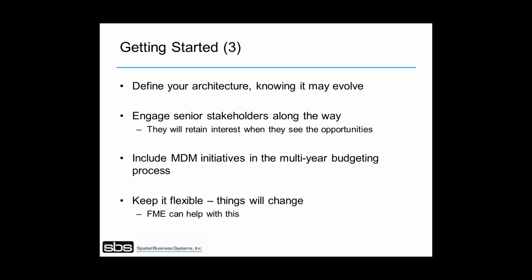And since it's done at a senior level, those senior stakeholders not only need to be involved at the initial part of the initiative, but they need to be involved along the way so they can see the value. And they need to be enthused about the kinds of things they will get in terms of being able to have better business insights, making better decisions and such. And so consequently, it needs to be budgeted for accordingly. And it's best budgeted when it can be associated with other core business initiatives that are getting funded.